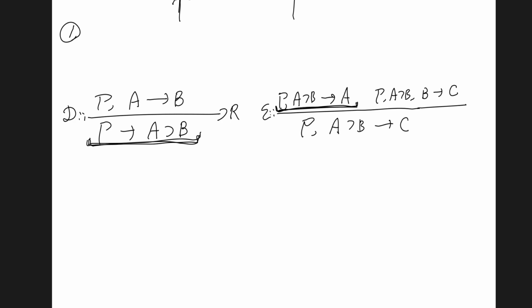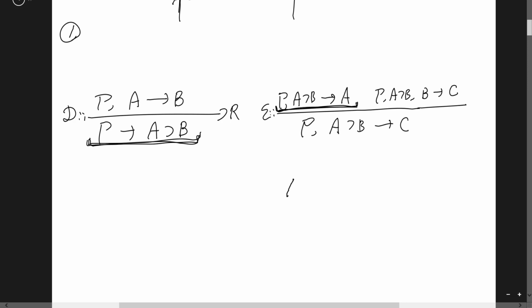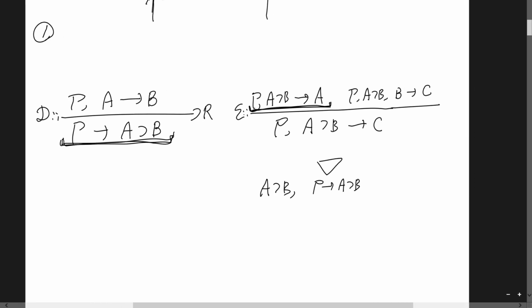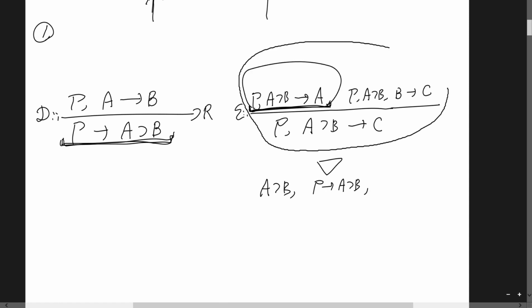The cut formula is going to be A implies B, the same. And the first proof is gamma, A implies B. It's also the same. But luckily, the second sequent has a proof that is strictly smaller than the original one. So this one is strictly smaller than this one.